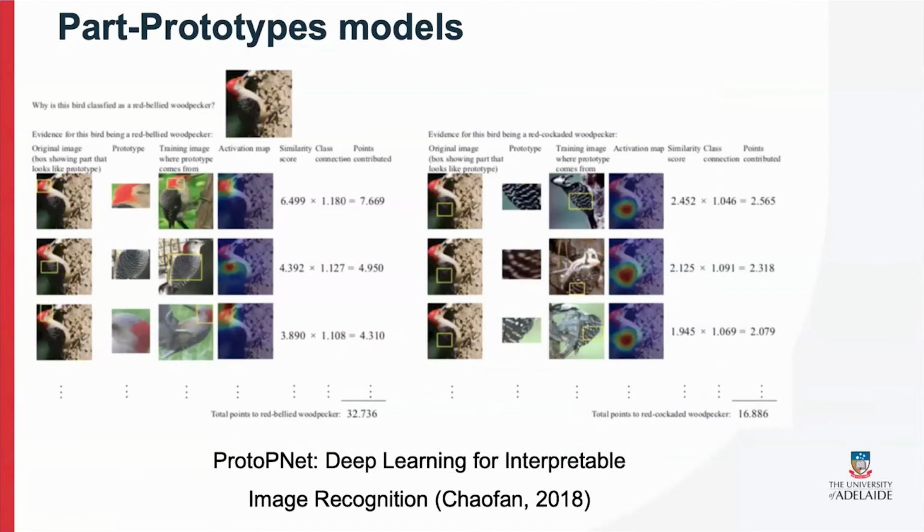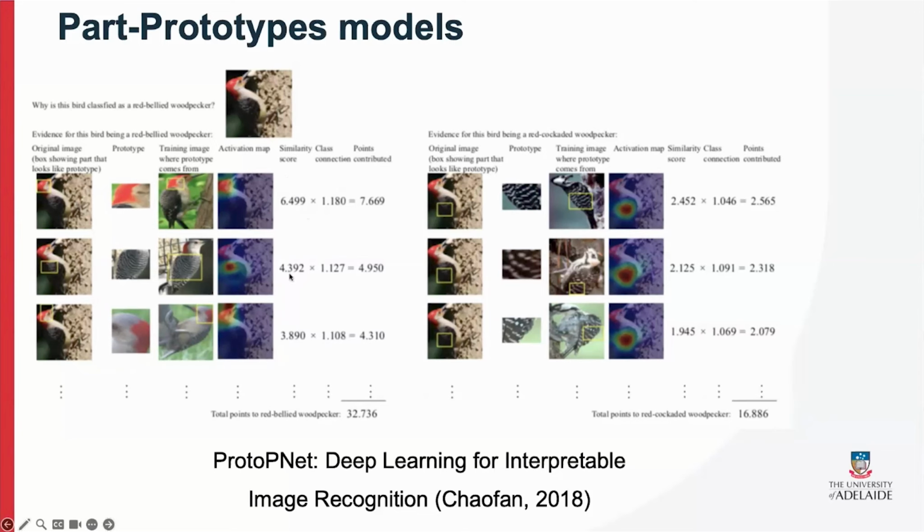And the pioneer on this type of models is ProtoPNet. Here we can see how ProtoPNet is predicting this image, whether it's a red-bellied woodpecker or a red-cockaded woodpecker. If we look at the left side, in the first column, the model is looking at different patches on the image and comparing them with similar patches from the training set to calculate the similarity score here.